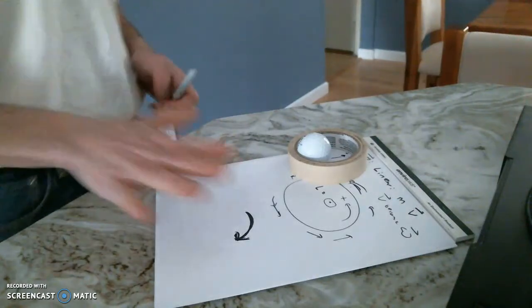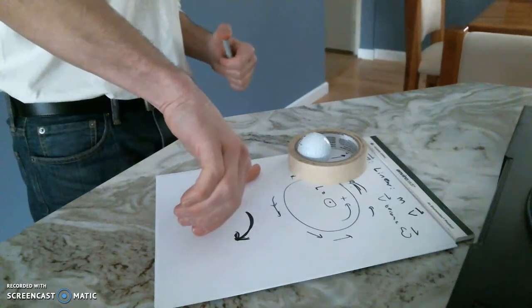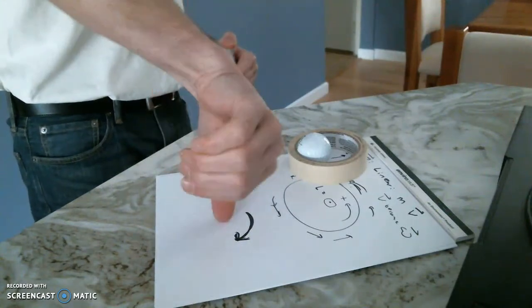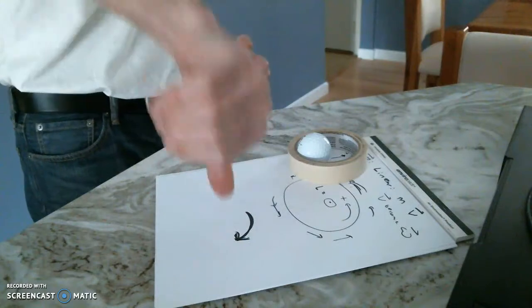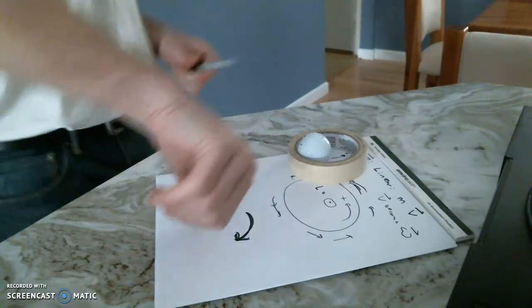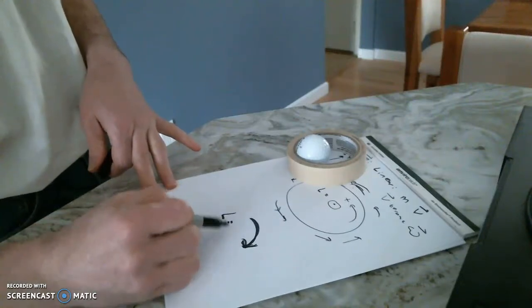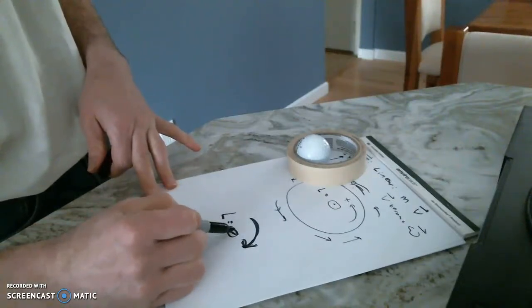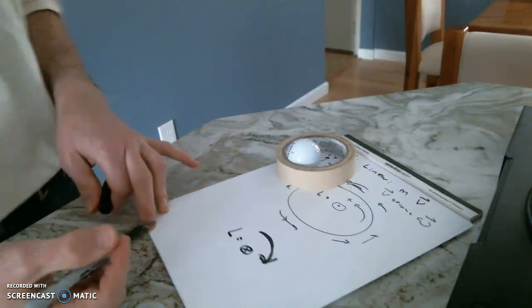So if I have that thing rotating now clockwise, if it's going that way, then what I do is I take my right hand, I curl my fingers in the direction that it is rotating, and my thumb, which is still perpendicular to my fingers, is pointing into, right? And if you're going into, that means in that orientation, L is a circle with an X, meaning into the page, right?